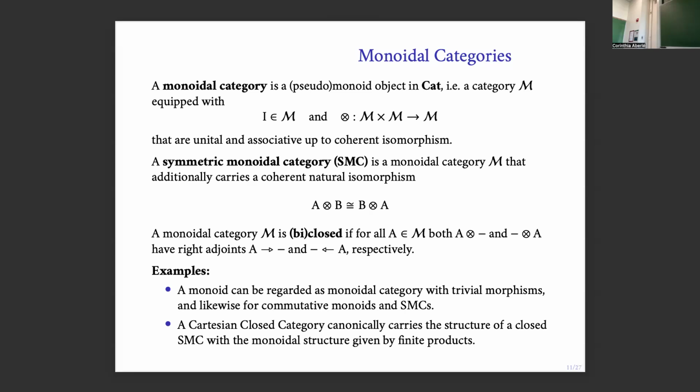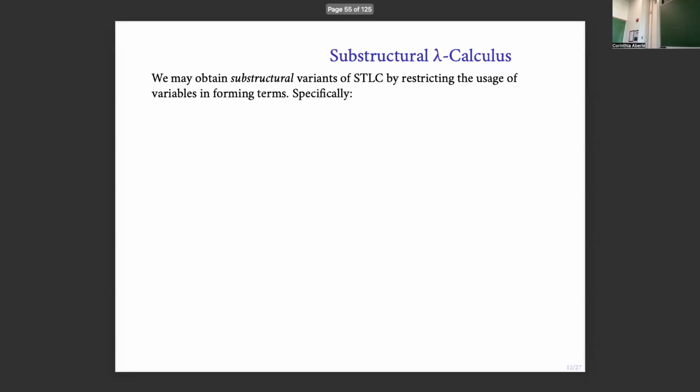That's symmetric by well-known properties of products, and because it's symmetric, the order in which you tensor things together doesn't matter. So if tensoring on the left has a right adjoint, so does tensoring on the right. Both of these are just given by the exponential, as usual.